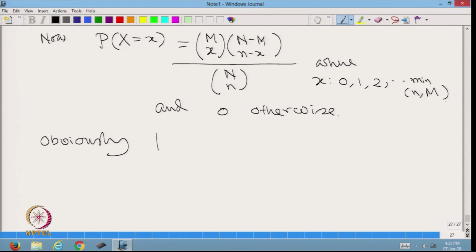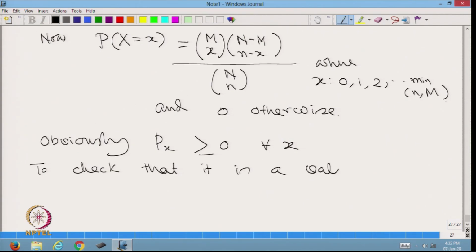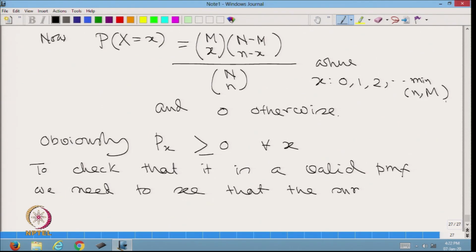Obviously, these terms p x are greater than or equal to 0 for all x. To show it is a valid PMF, we need to see that the sum is 1.